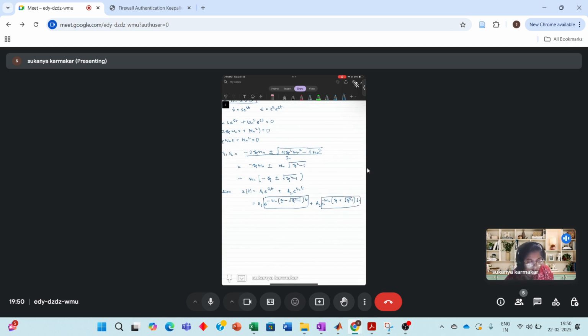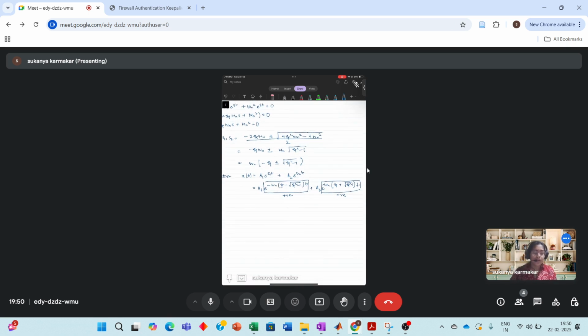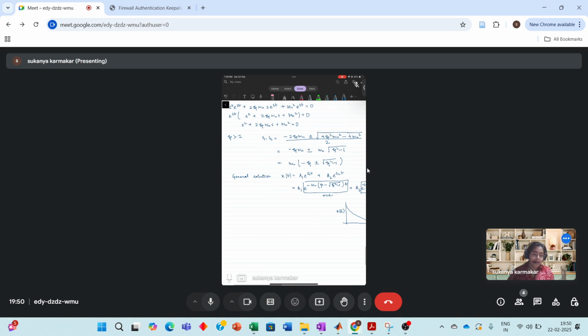If you try plotting these terms for a positive value of zeta, you will see that this term is positive as well as this term is positive, and it's an exponentially decaying term. But you will find that it does not undergo any oscillation. With time, if I plot x of t, it will just go down like this without any oscillation. So there are no vibrations.